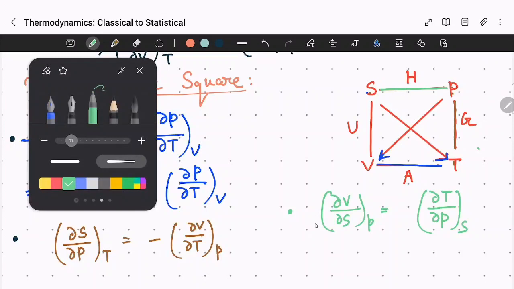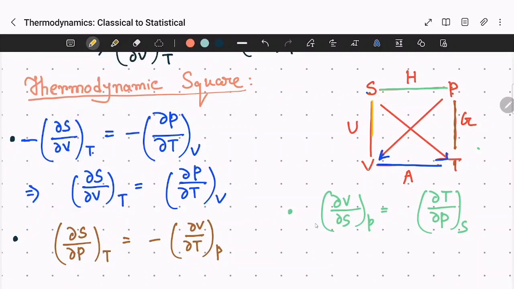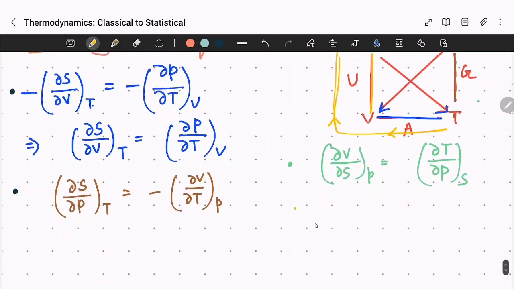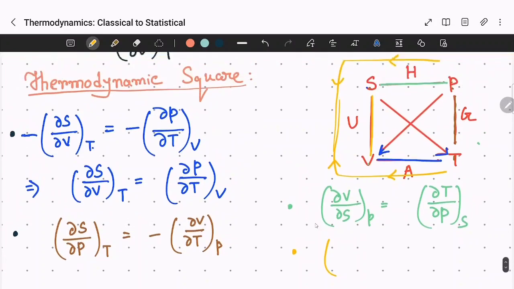And there is only one edge left, this edge. Similarly, here will be two right angles, this one and this one. The first one is going like this and the second one is going like this. So again we can write the first one, del P del S. Probably now it's clear how it can be written.